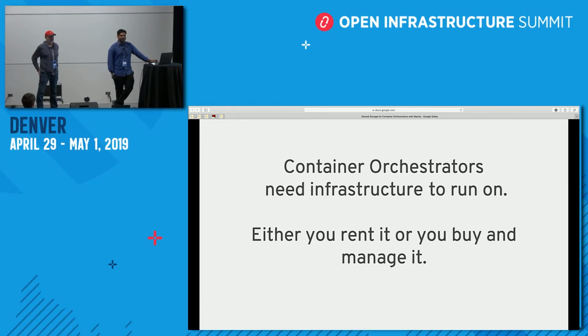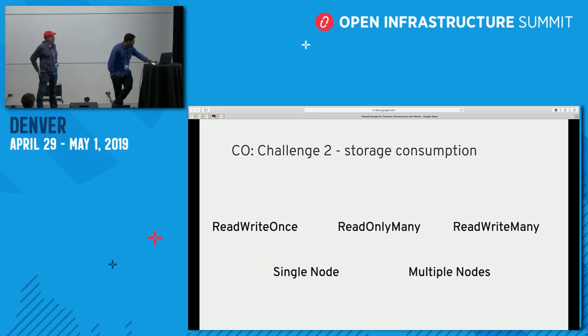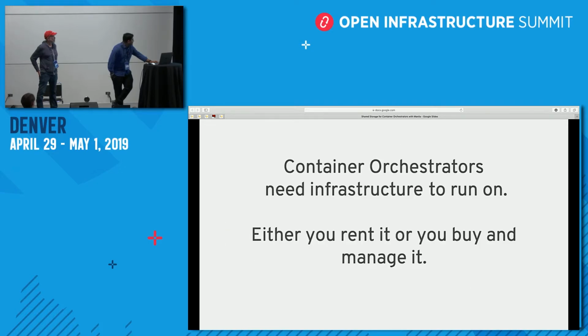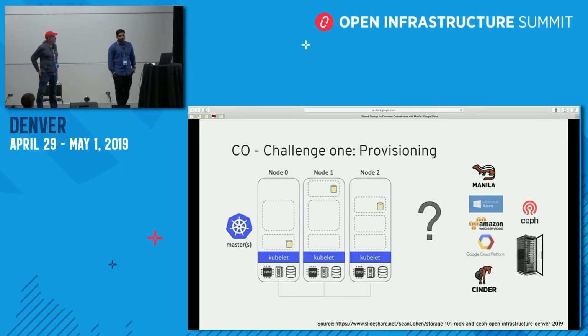And forgive me for overly generalizing, your cloud provider can be bare metal, sure. But at the end of the day, whatever you do, you need some way to hand over the resources that are part of your infrastructure to these container orchestrators, so they can hand it over to the application workloads running inside them.